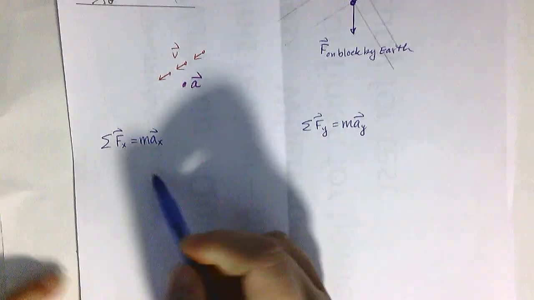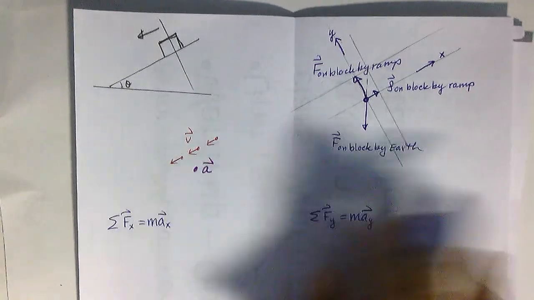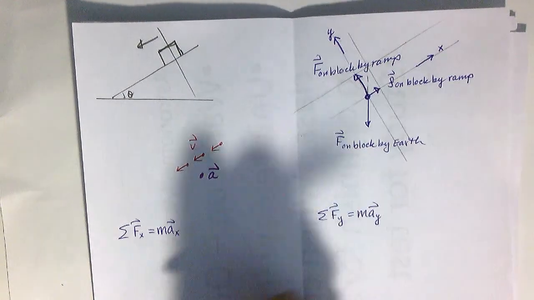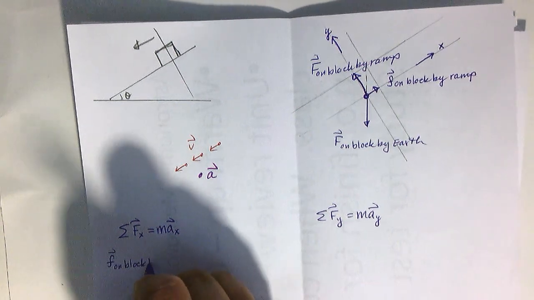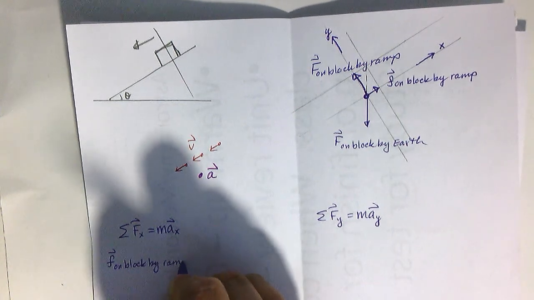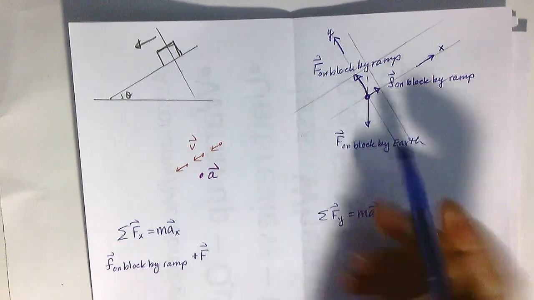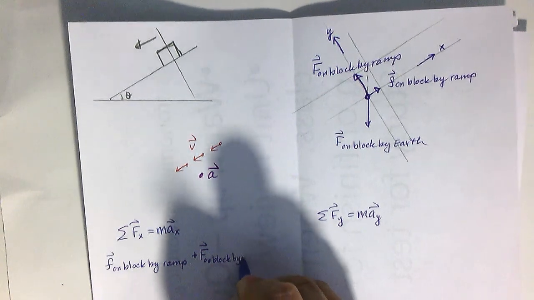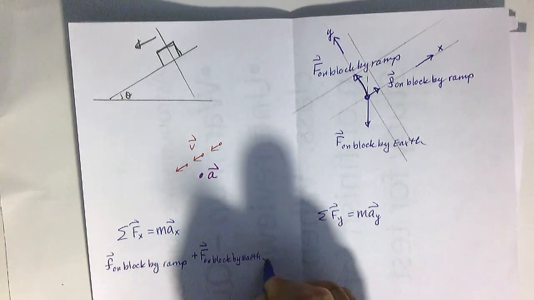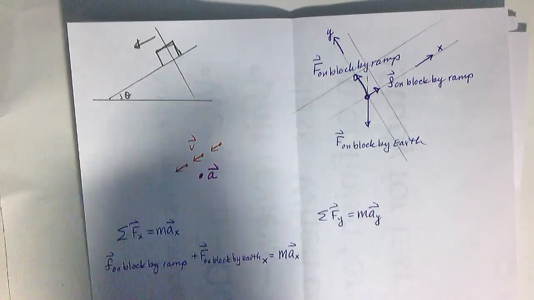Now that we know how to break our weight into components, we're going to sum up the forces. So here we have, in the x direction, the frictional force, force on block by ramp, plus the x component of the weight, force on block by Earth, subscript x, and that's equal to ma sub x.